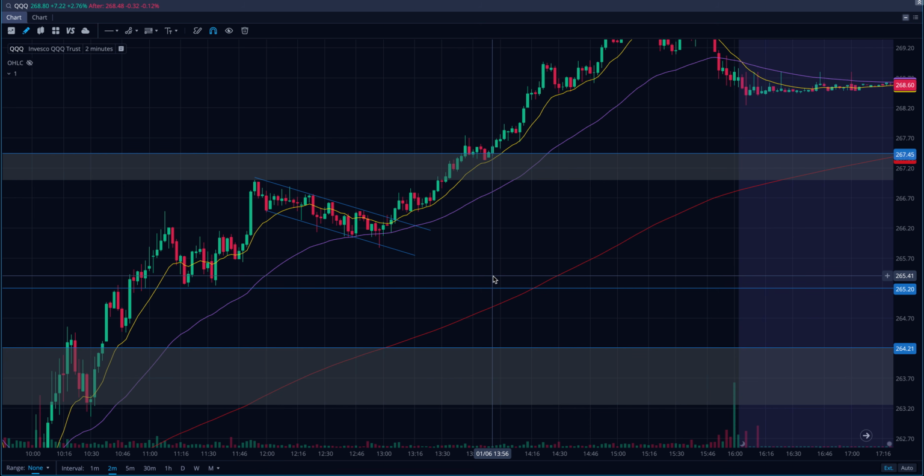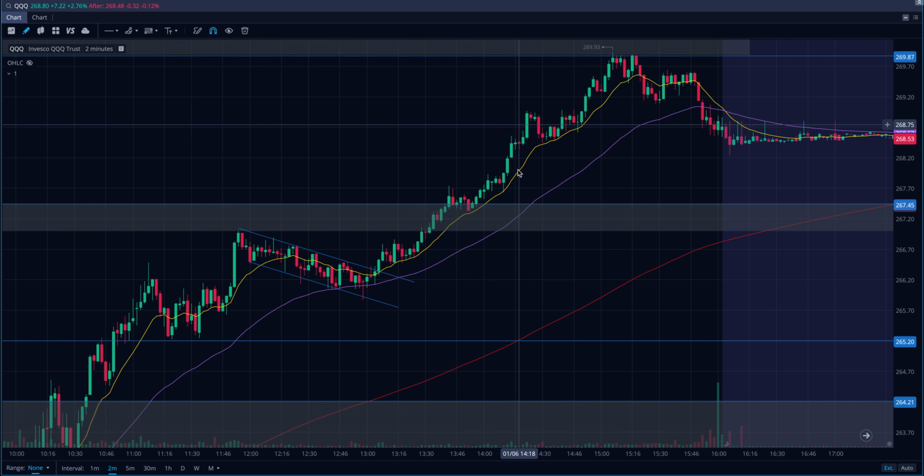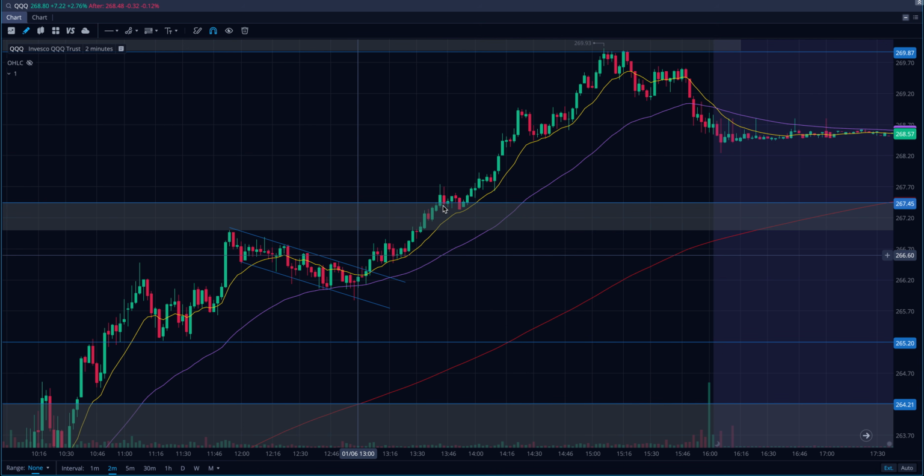If you don't have a solid system to trade a trend, you're likely not catching many of these big moves. You're trying to time the top, and you're just trying to short every little dip because you think we're so extended that, okay, now we have to pull back.